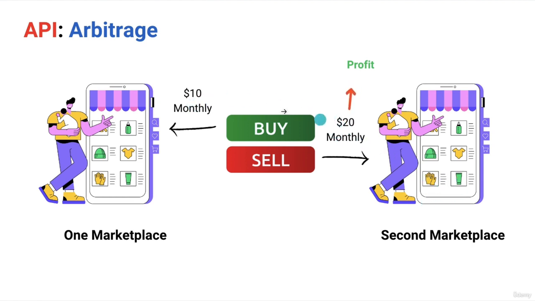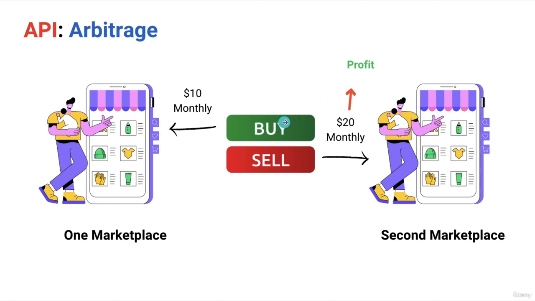Let's say you purchase for $10 and sell for $20. So $20 is your selling price, minus $10 your buying price, will be your profit. So somewhat basic logic.